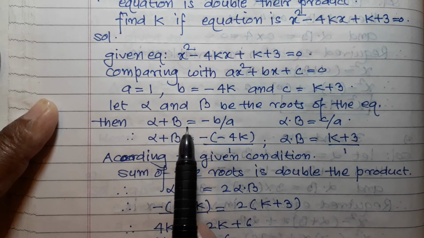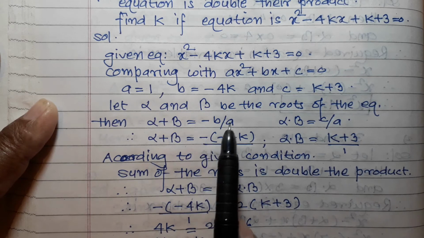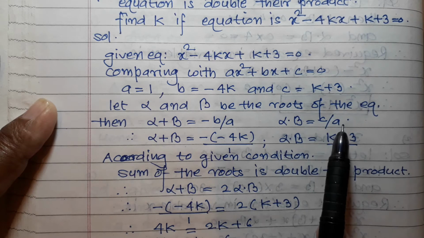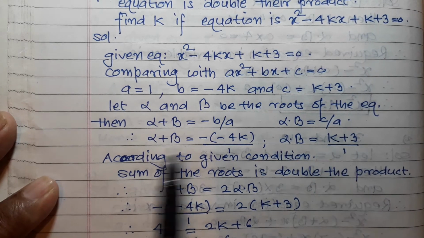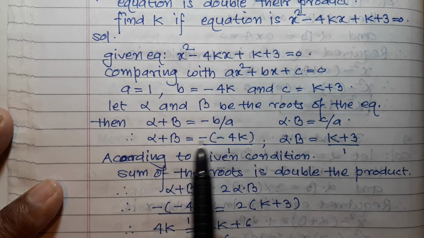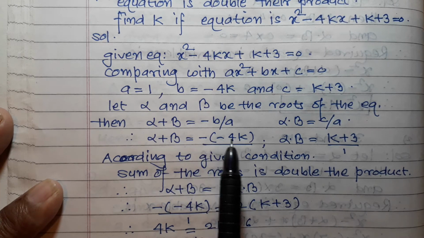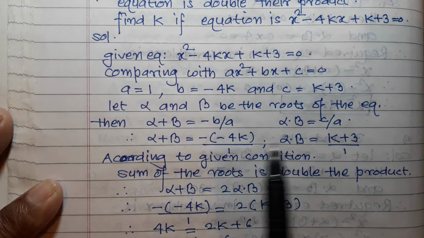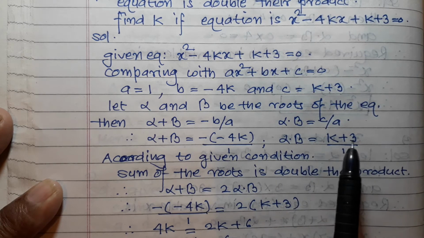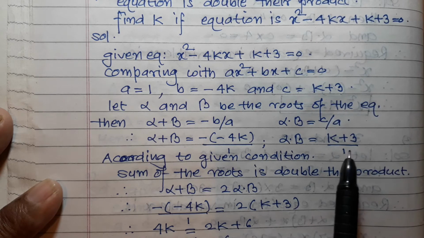Then alpha plus beta is equal to minus b upon a, and alpha into beta is equal to c upon a. And therefore alpha plus beta is equal to minus into bracket minus 4k upon 1, and alpha into beta is equal to k plus 3 upon 1.